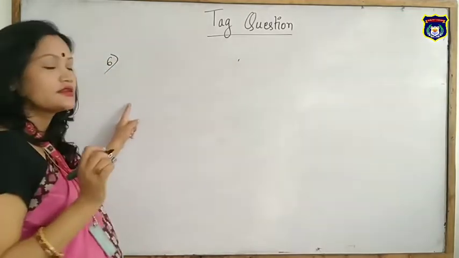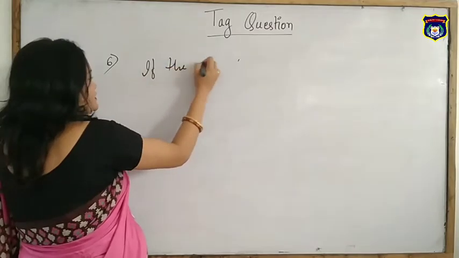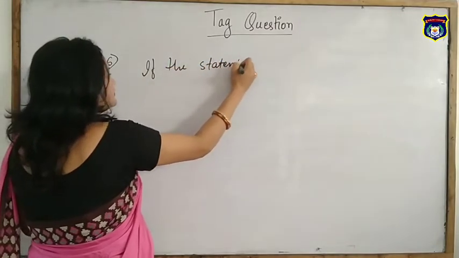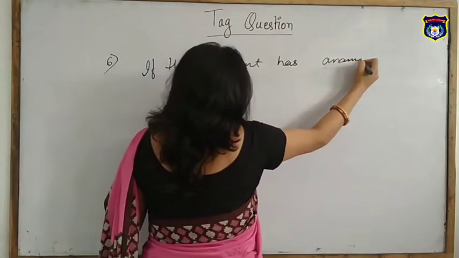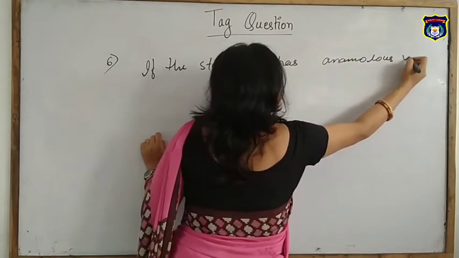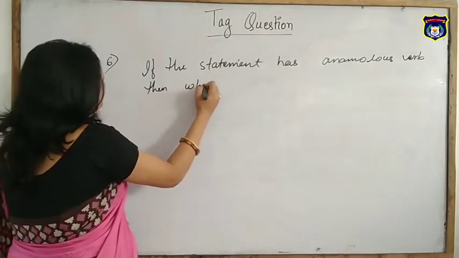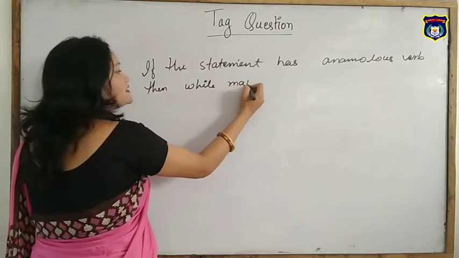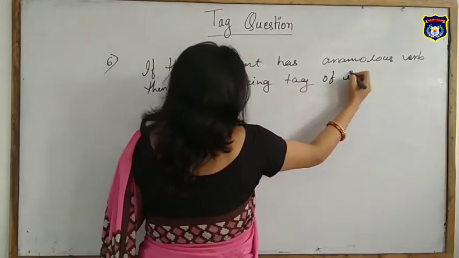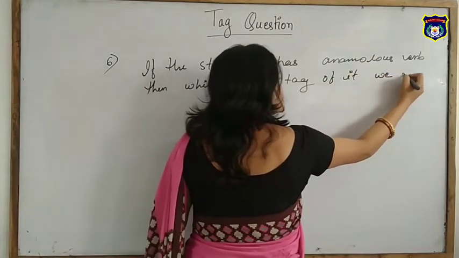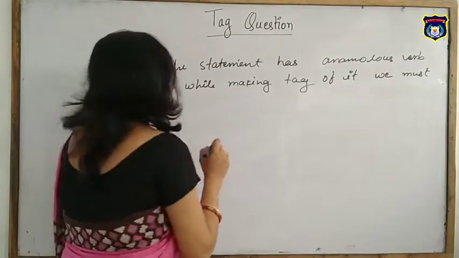Rule number 6 is, if the statement has an anomalous verb, then while making the tag of it, we must put the contracted form of not.